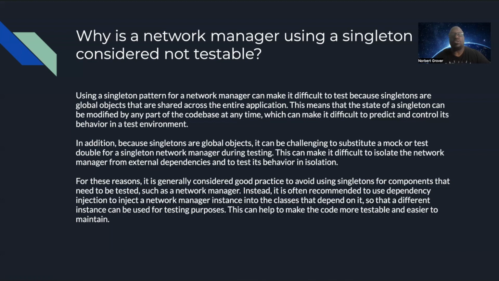Because if you do an interview with someone like Bank of America or Carvana or Wells Fargo or whatever, and they say, we have this API call project for you, you come out and you do a singleton, they might not tell you off the bat, but you just failed it, right? They want to see chops. They want to see experience. They want to see that you understand the ramifications of using a singleton.